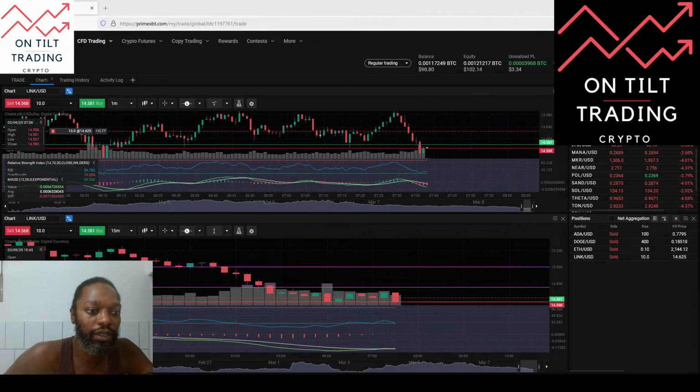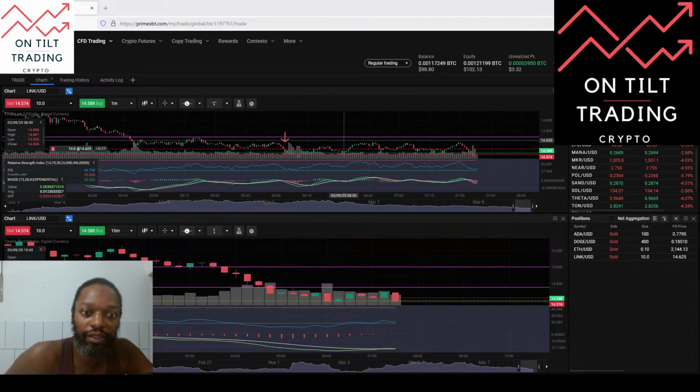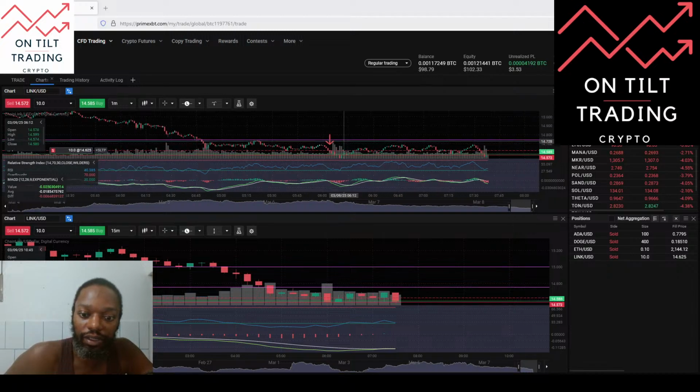So this could be potentially another leg down. It looks weak on the 1 minute, but it's still strong on the 15-minute. But things happen first on the 1 minute before they happen on larger time frames, kind of like the butterfly effect. So we'll see what happens.